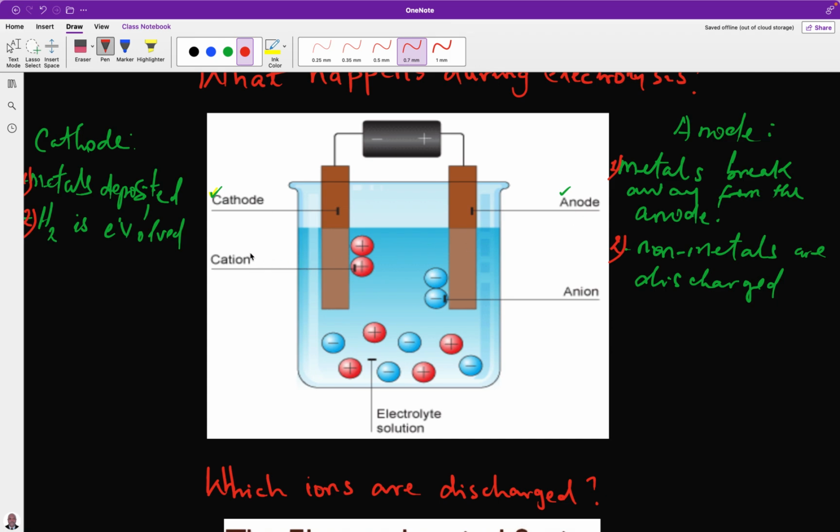Meanwhile, the cations will gain electrons, thereby undergoing reduction. So it's a redox process that is occurring in this cell. The cations will gain electrons and undergo reduction. Meanwhile, the anions will lose electrons and undergo oxidation.